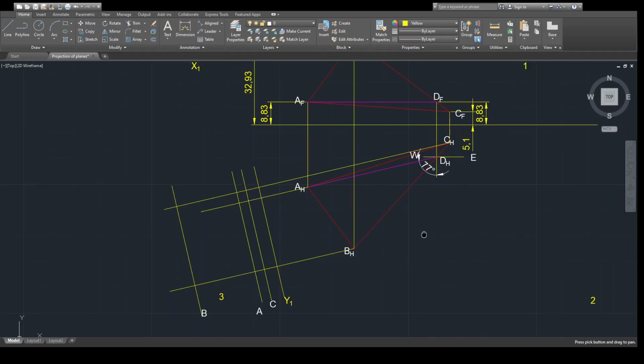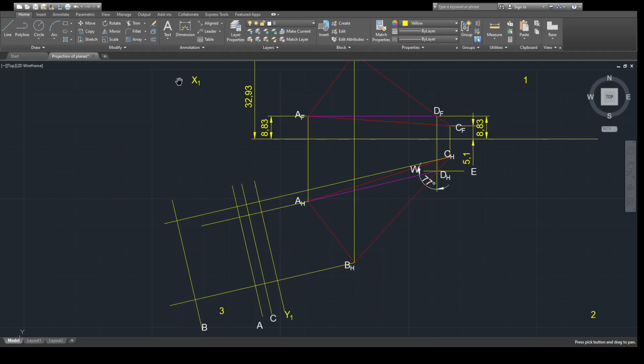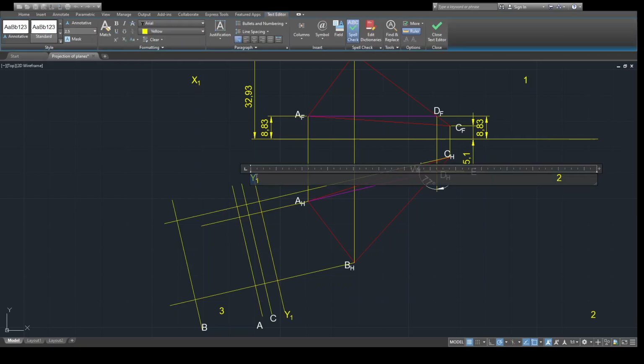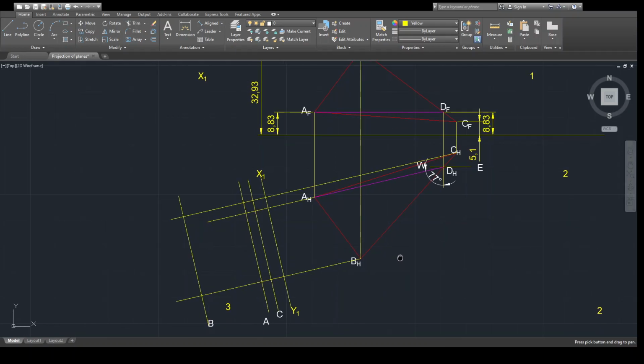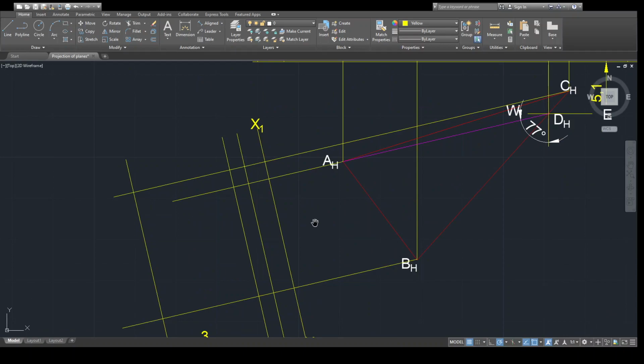Now we know that we have transferred the distances from the XY line, so the X1Y1 line. AF is 8.83.